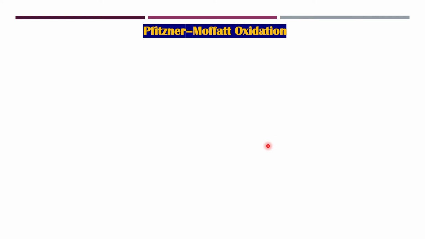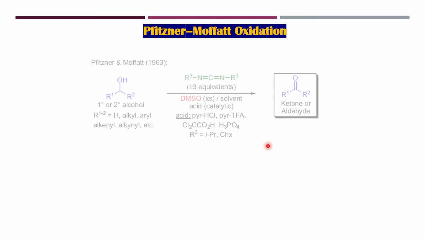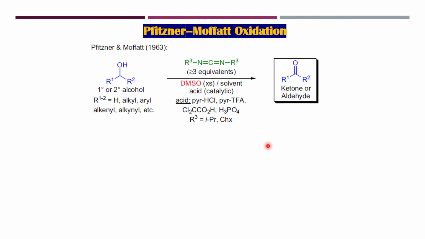In the next reaction we are discussing the Pfitzner-Moffatt reaction, or simply Moffatt reaction. What is the Moffatt reaction? We'll be using a 1 or 2 degree alcohol, and that will be getting converted to ketone or aldehyde in presence of something like DCC.